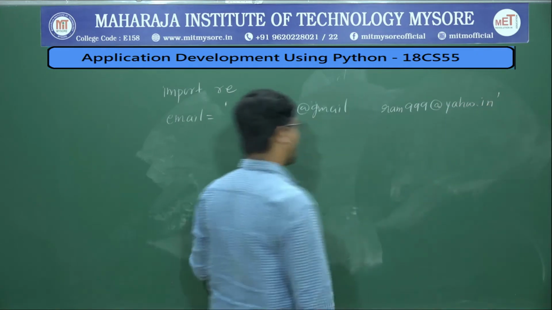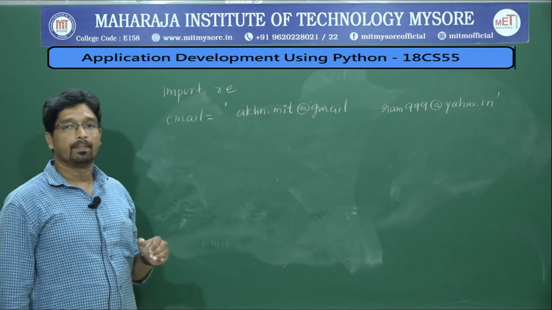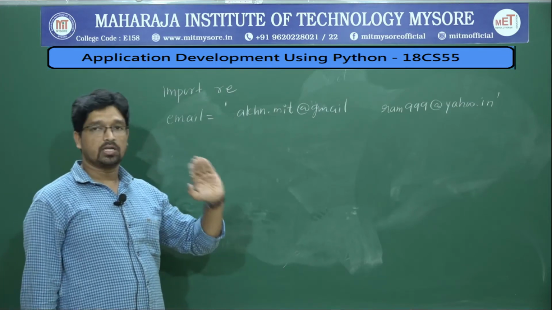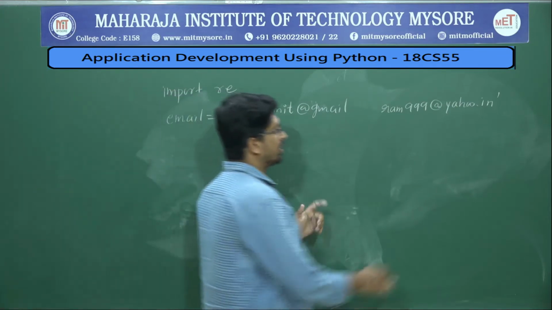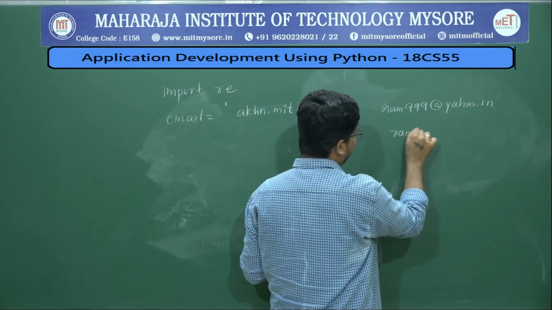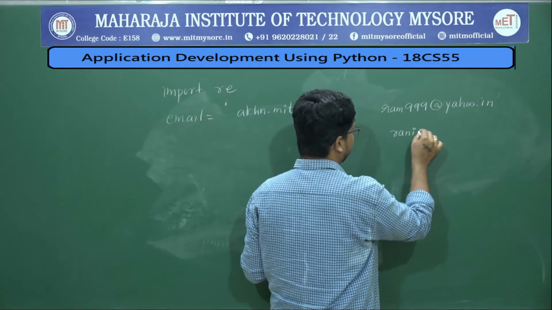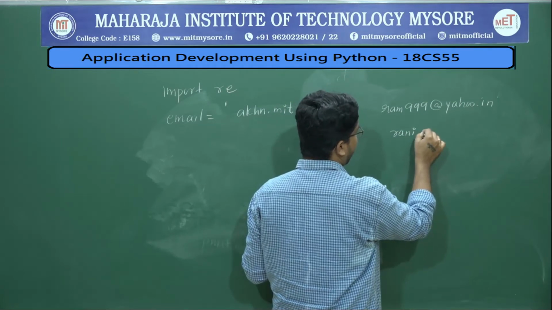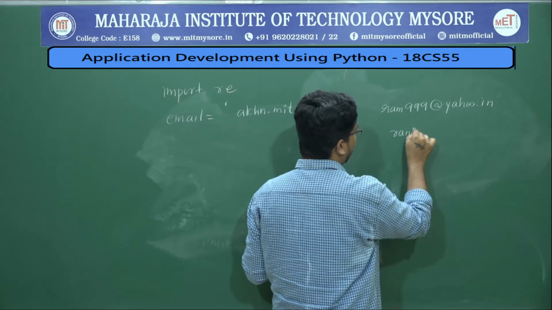So these are the two email IDs I wanted to search. Let us consider one more email ID which is invalid. Rani... what can I write?